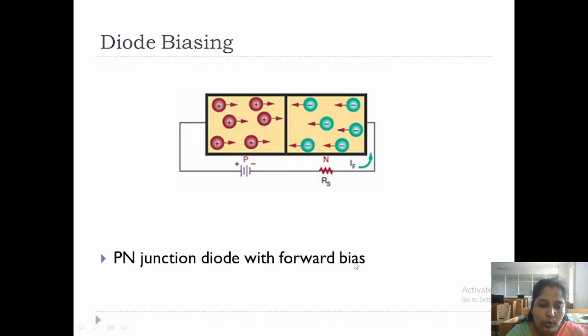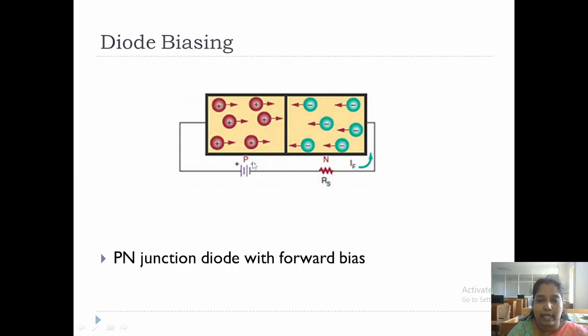The p-type is connected to the positive terminal and the n-type is connected to the negative. In this forward bias condition, the external electric field is in the opposite direction to the built-in electric field, and due to that the effective electric field at the junction will reduce.